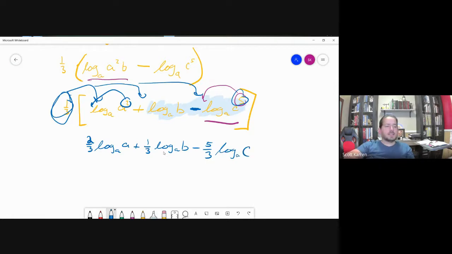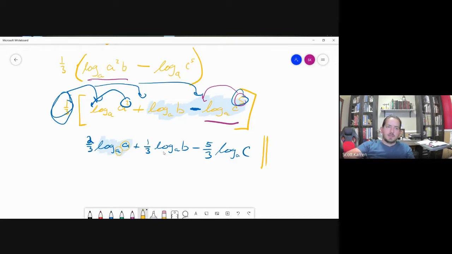There's one last thing that I can simplify here, and that's because my first log is log base a of a. What is that? Well, that is 1, because this is essentially saying, what power do I need of a to get a? Well, I need the power of 1.